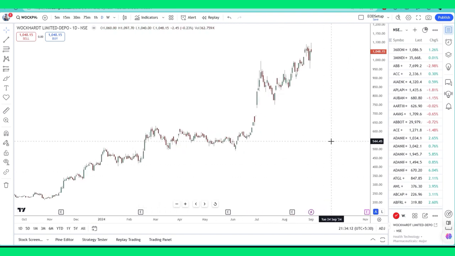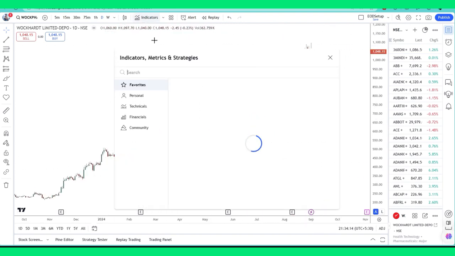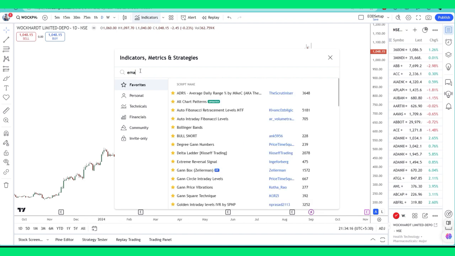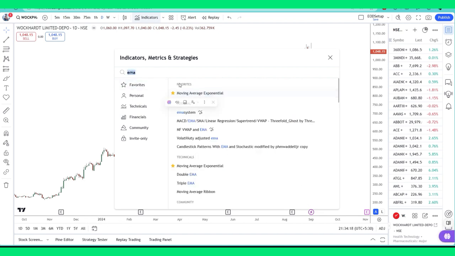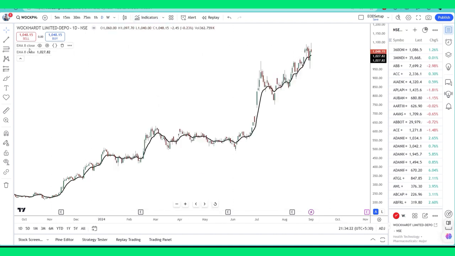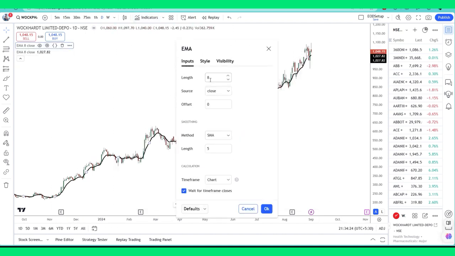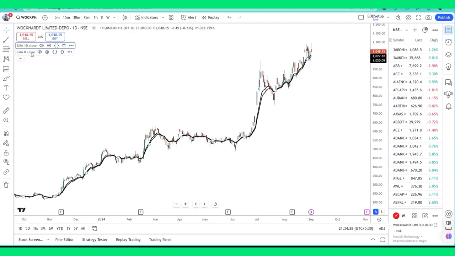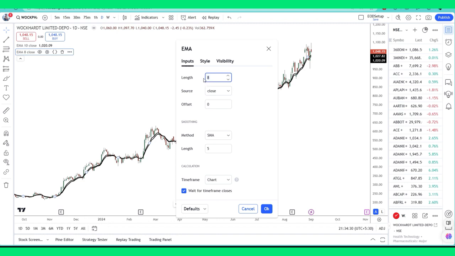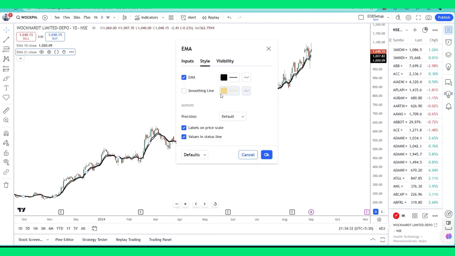So here what I usually do is I add an EMA. Let's add 2 of them. So one will be 10 and the other will be 21. Let's change the color to something else.